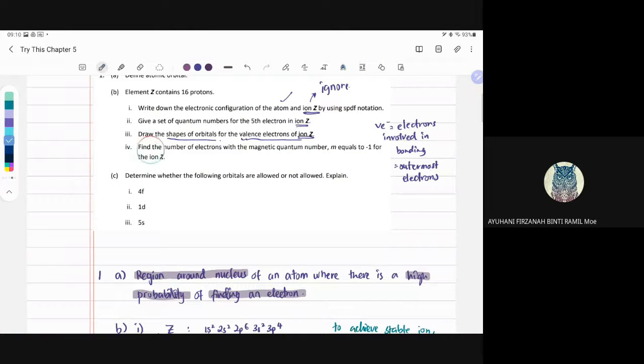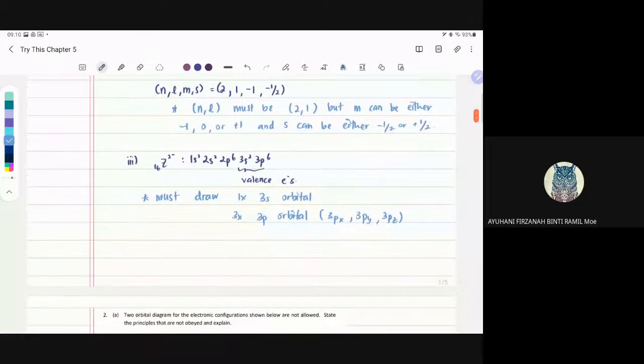Soalan 4. Find the number of electrons with magnetic quantum numbers M equals to negative 1 for ion Z. Okay. So untuk ion Z, nak tengok senang kita buat dalam bentuk orbital diagram. So 1S, 2S, 2P, 3S, 3P.